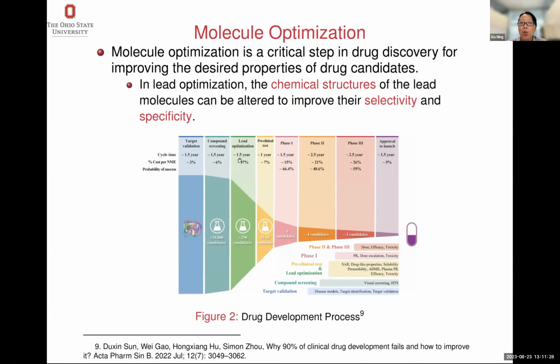After that, with those ligands or molecules which show promising properties, people want to optimize their structures so as to improve or change their properties, for example, selectivity, toxicity, hydrophobicity.